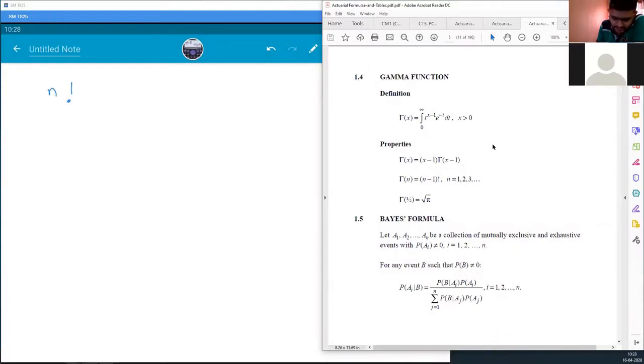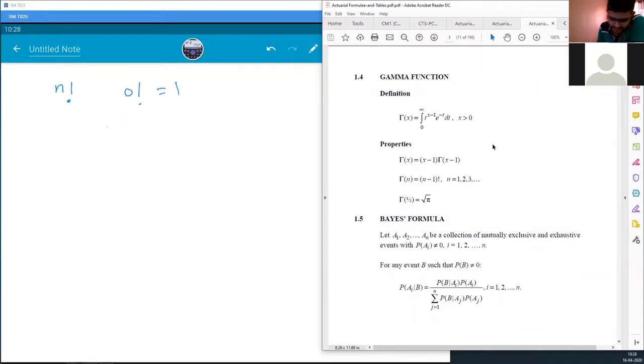N factorial. What is the biggest problem with factorial? We cannot find factorial for non-integer values and also not for negative values. So only for positive integers can we find factorial. The minimum value of factorial is 0 factorial, which we say is 1.